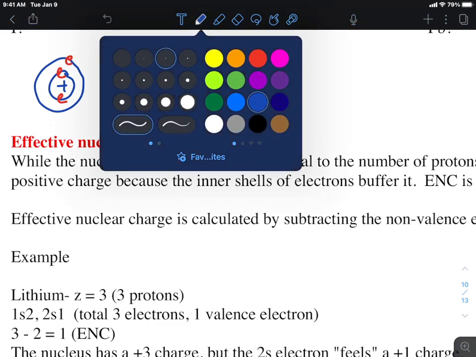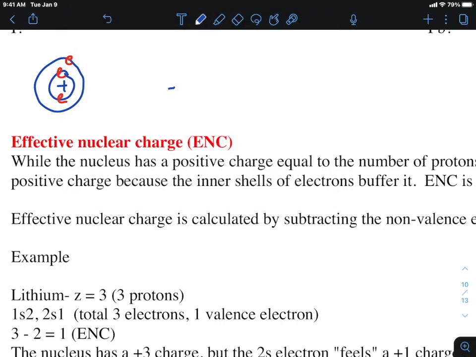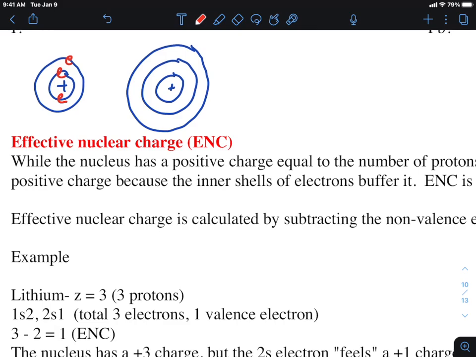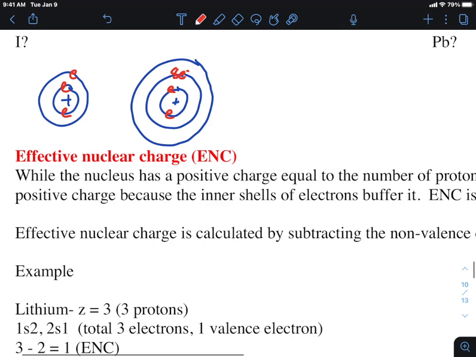I'm going to draw another diagram similar but a little bit bigger. Here we've got energy level 1 with 2 electrons, and energy level 2, I'm just going to say 8 electrons because I don't want to make it all messy. And then here we see an electron in energy level 3.